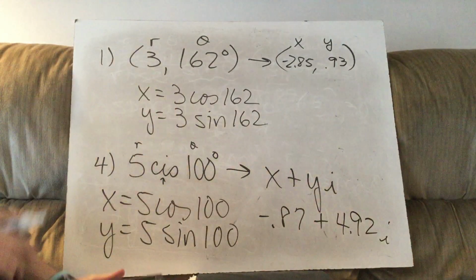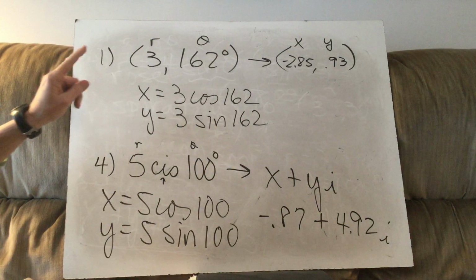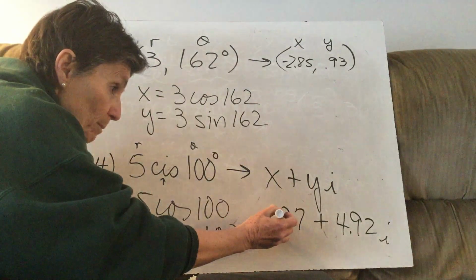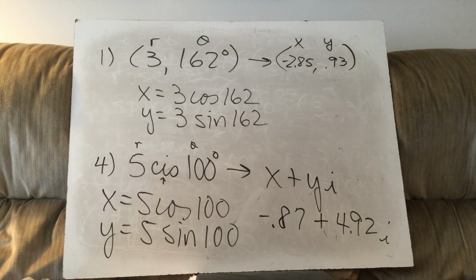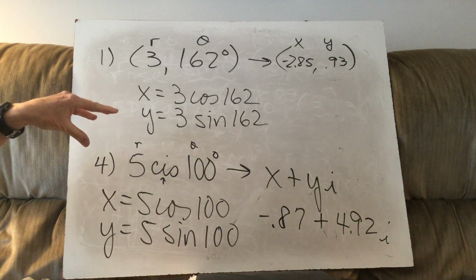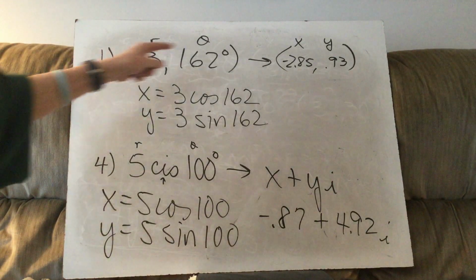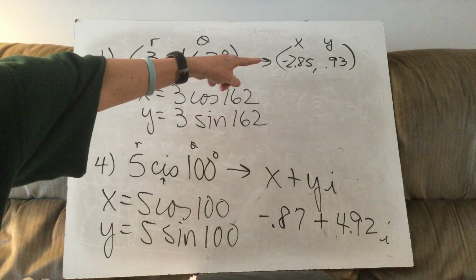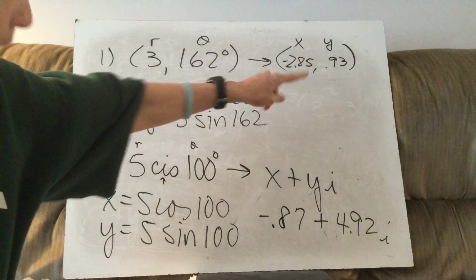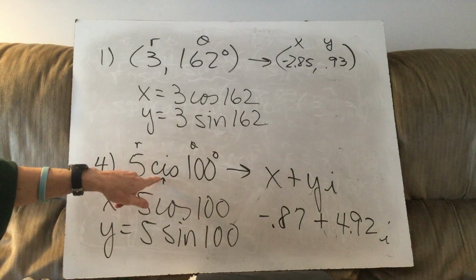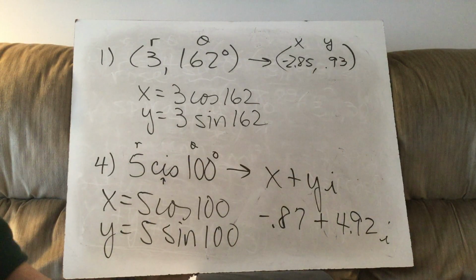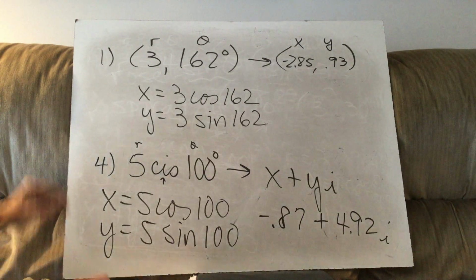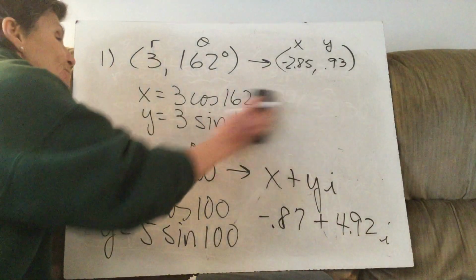So I'm doing everything exactly the same for problem 1 and problem 4. The only difference is problem 1 is an ordered pair, so I have x comma y. Problem 4 is a number with an i in it, so I have x plus yi. Okay, so that's 1 and 4.